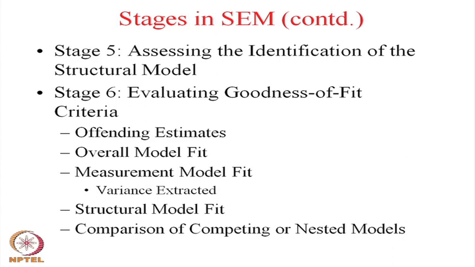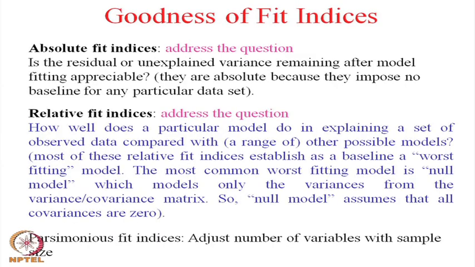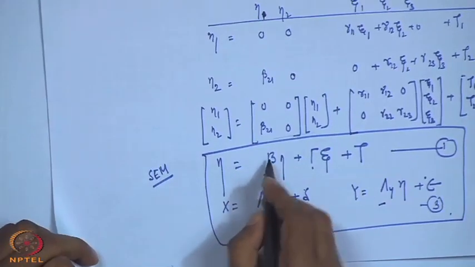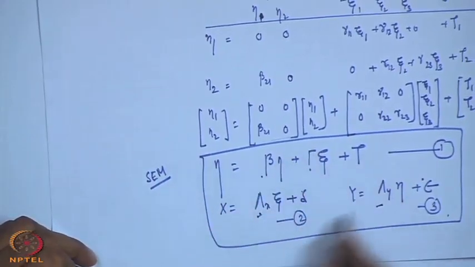Once you have the model, you need to know what the goodness of fit measures will be. So my model is this, and I know that in some way I will estimate all those things. Then I have to go for fit measures.